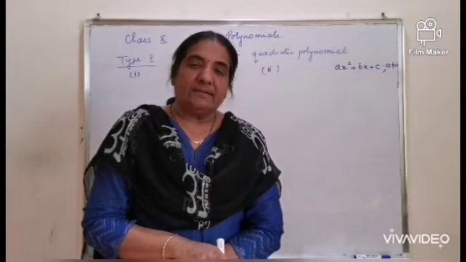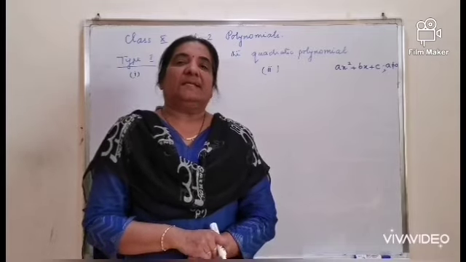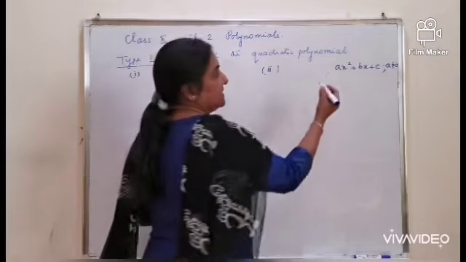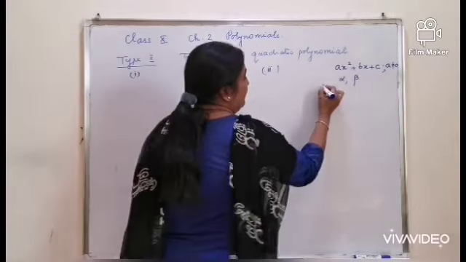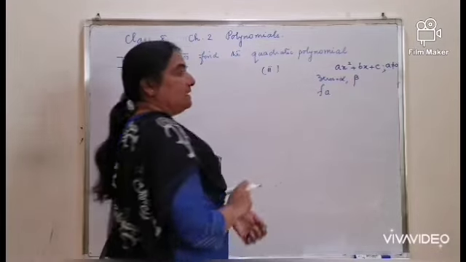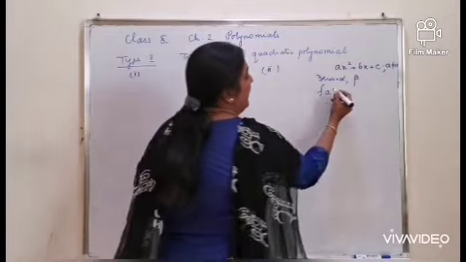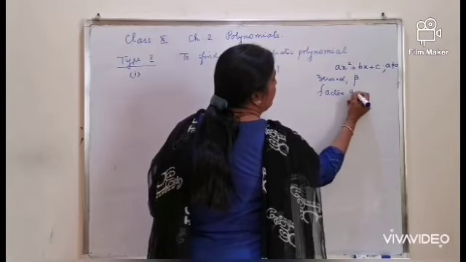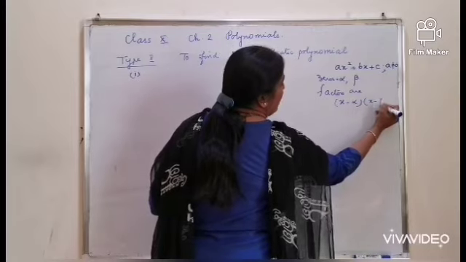You knew that the maximum number of zeros is 2, and if you are getting the zeros as alpha and beta, the factors are x minus alpha and x minus beta.